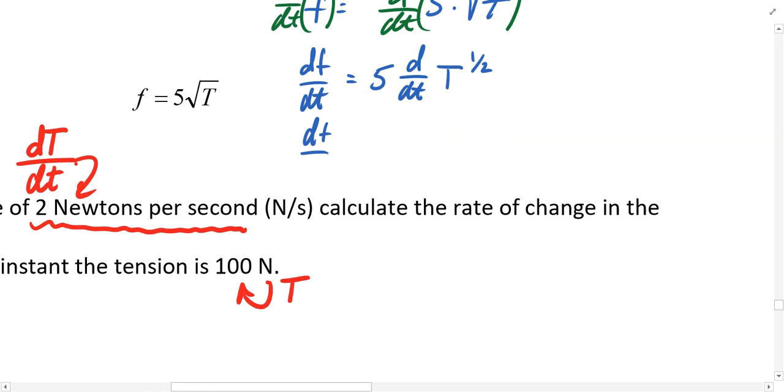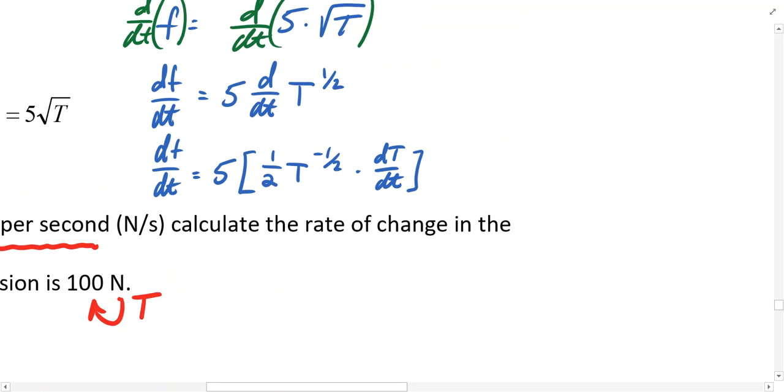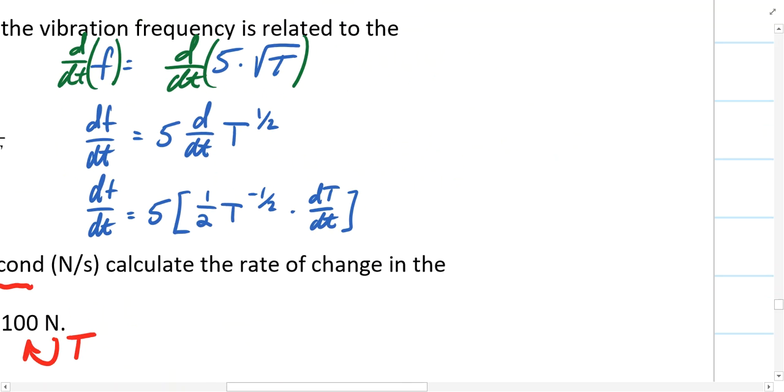The derivative of T to the 1/2 power, I can use the power rule to determine that. It's kind of a mini chain rule as well. We'll take 1/2 times T to the negative 1/2 power times dT/dt. We have to account for this differential since the variables T and t are slightly different from one another.